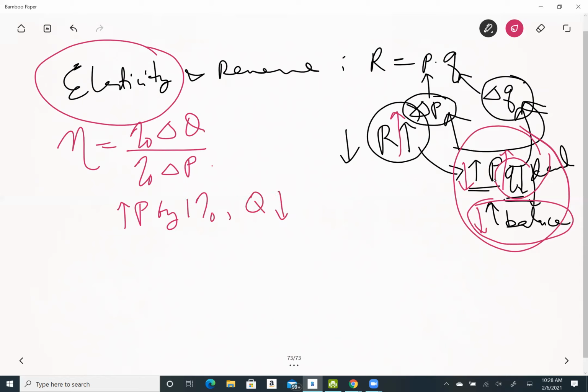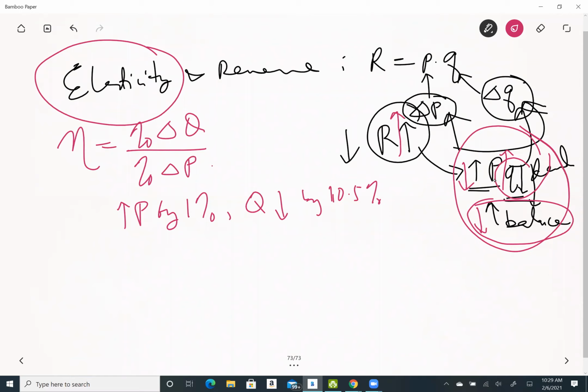Go down by 10.5%. So now, which effect is higher? The reduction in the quantity or the increase in the price? Reduction in quantity, 10%. You increase your price by 1%, the demand will go down by 10%. So your revenue will go down.